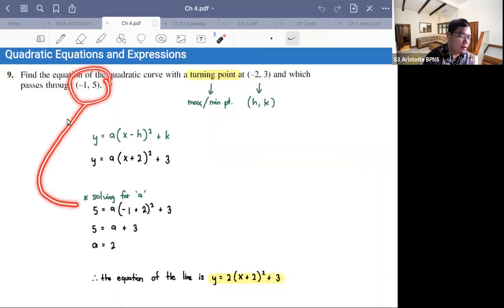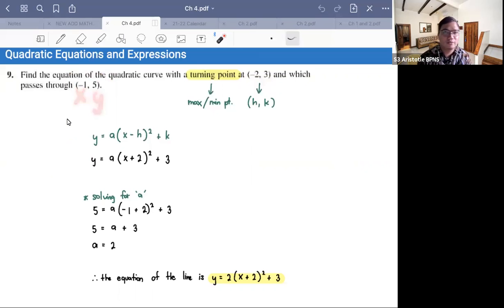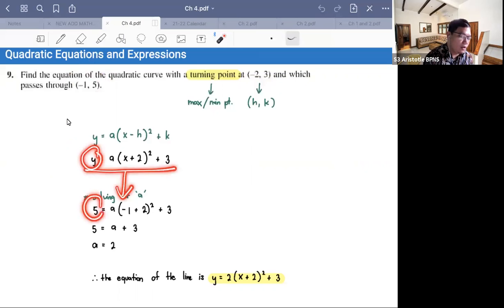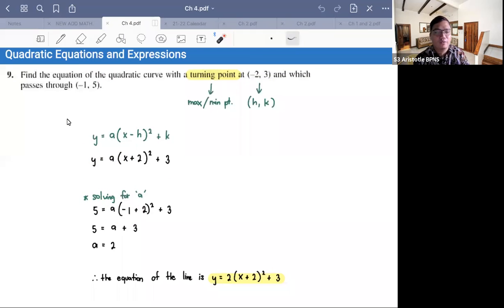And that's what I did on the second part, right? So solving for a, we substitute the values of x and y from here to here. Obviously x is -1, y is 5. So using the same equation, y now becomes 5, and x becomes -1. And then you just solve for a.